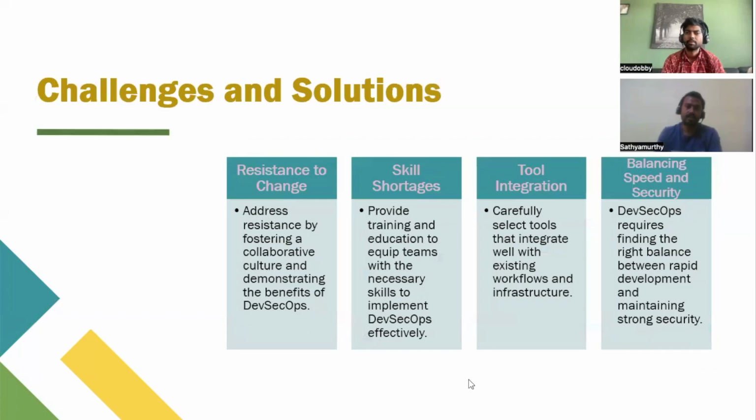Challenges and the solutions of DevSecOps. First point is resistance to change. Address resistance by fostering a collaborative culture and demonstrating the benefits of DevSecOps. Second point is skill shortage.